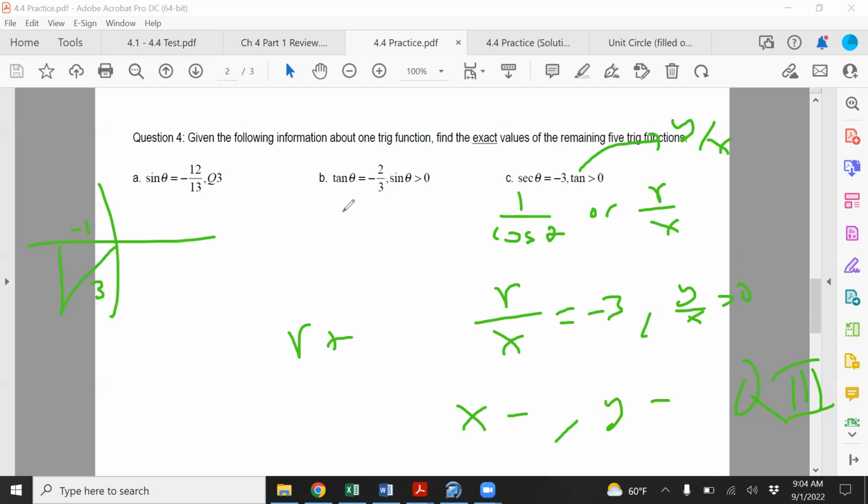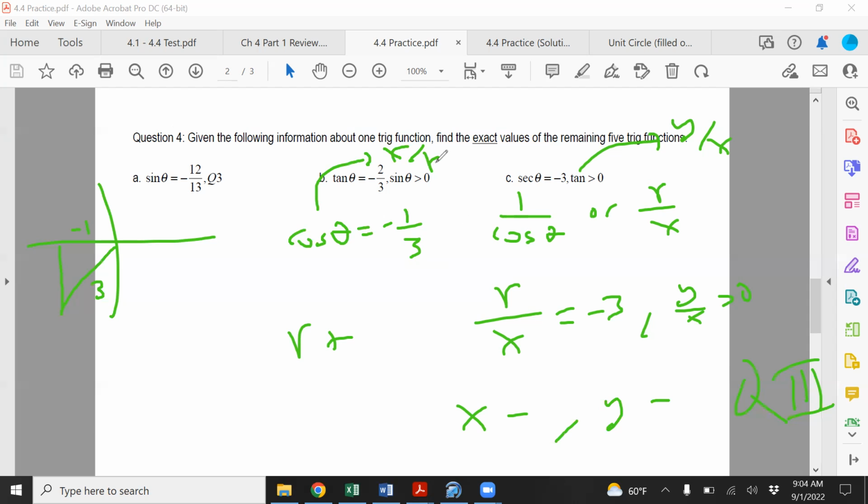The reason is that secant is 1 over cosine, so cosine theta is -1/3. And cosine is x over r. So the r is going to be 3, the x will be -1.